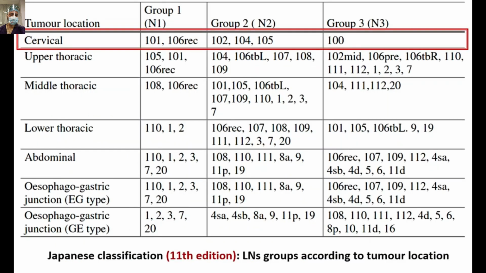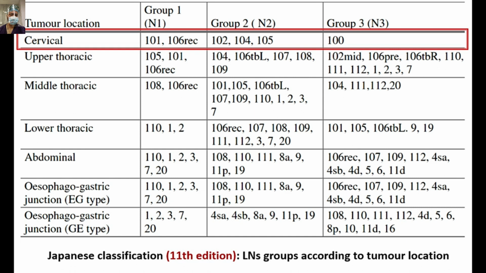So like I said, they have divided into D1, D2, D3 groups, and according to number, like for cervical, that is encircled in the red rectangle. D1 will be 101 and 106 recurrent laryngeal nerve, and D2 will be 102, 104, 105, and D3 will be number 100 lymph node station.